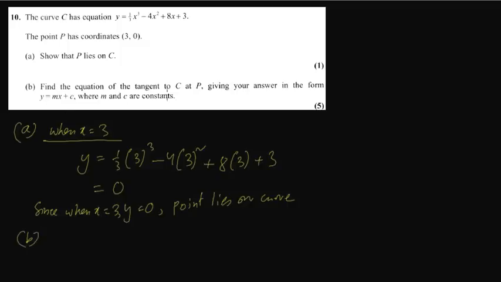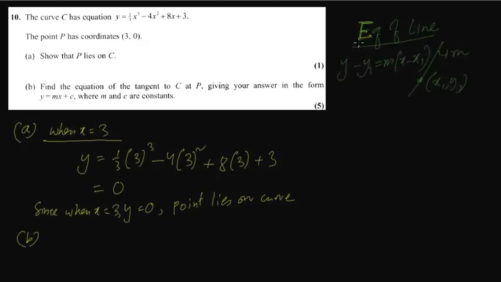And B, we have to find the equation of a tangent. Okay, reminder again, equation of a line. You need a point x1, y1, and you need a gradient, so y minus y1 equals m times x minus x1.